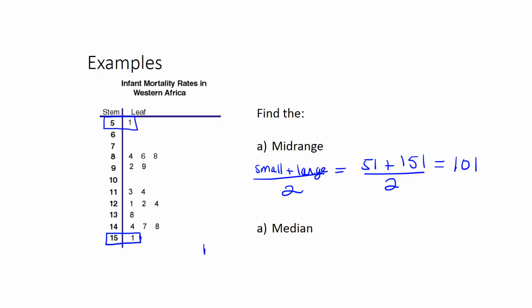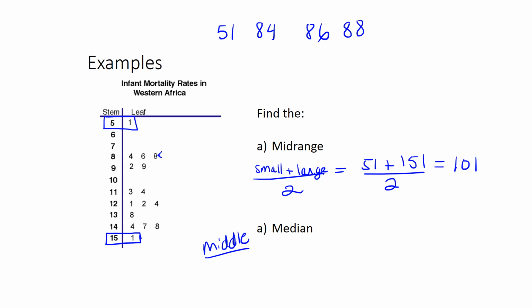The median, remember, is the middle data value, and it's not a grouped distribution, right? If you want to write them out, it's like 51, 84, 86, 88, right?